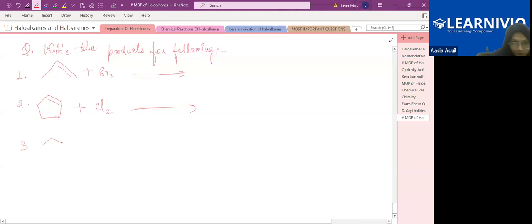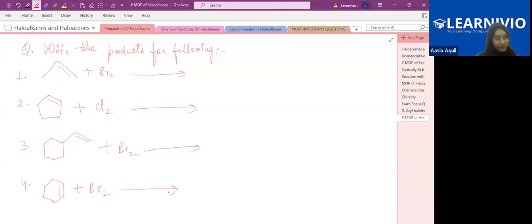Third one, cyclohexane, and here plus bromine. Write down the products, everyone.